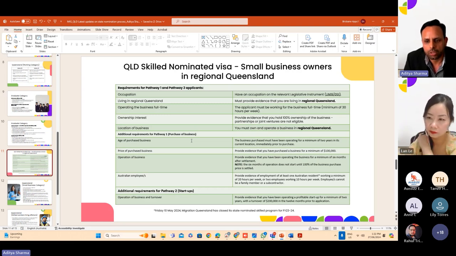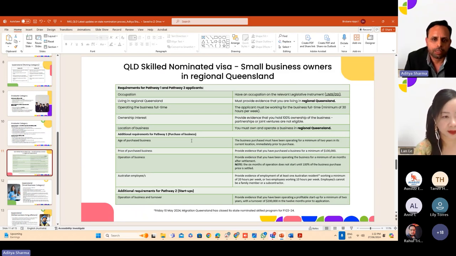You need to lodge your EOI after buying this business and running it for 6 months. 100% ownership should be in your name. You will be eligible, basically. And you will have to make sure of a couple of things, that for the business you are buying, nobody has got sponsorship for the SBO category on that particular business.